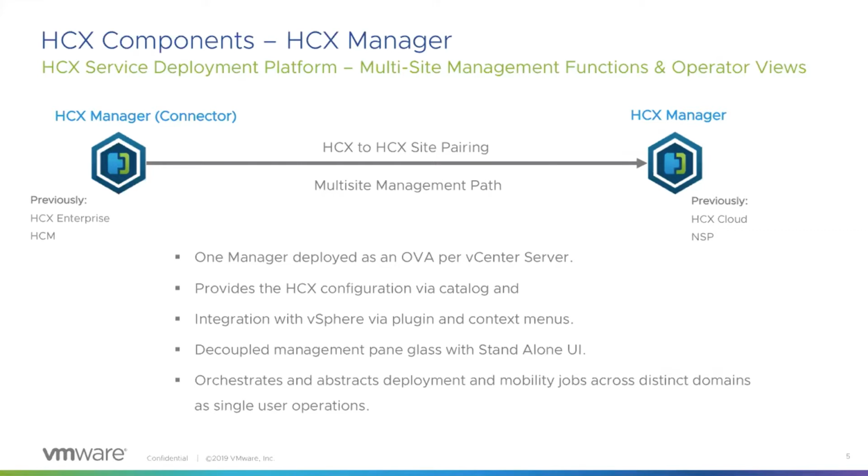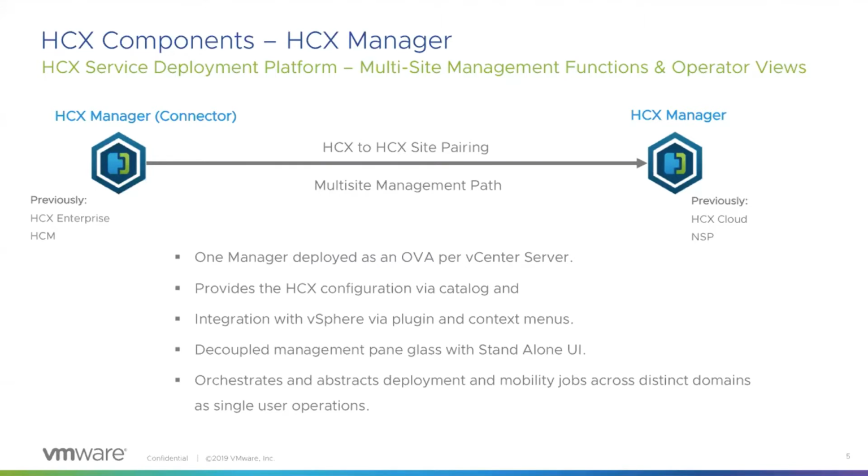So if you're familiar with NSX Manager, the NSX Manager ties to a vCenter, and then it enables us to deploy a fleet of appliances like NSX Controller, Edge gateways, DLRs, all those things. HCX Manager is very similar in that sense, that HCX Manager will have a one-to-one connectivity with the vCenter, and it enables the framework from which we can then deploy the other appliances.